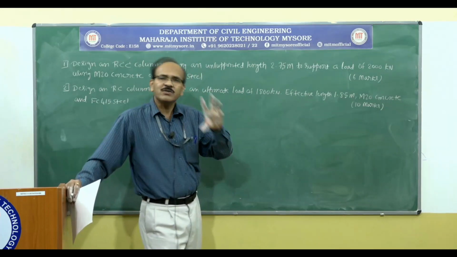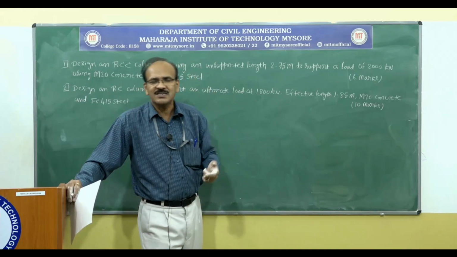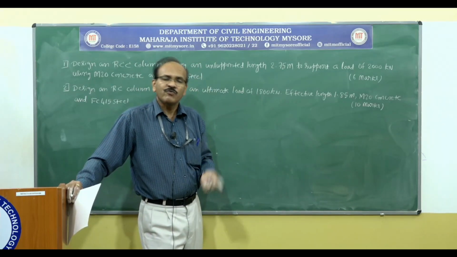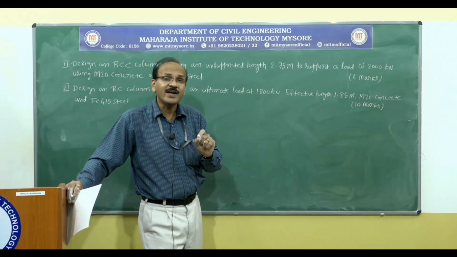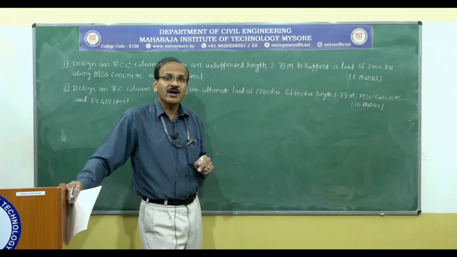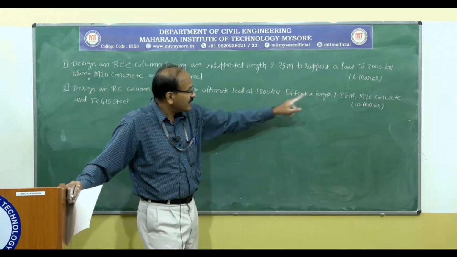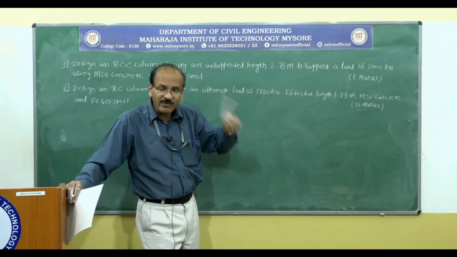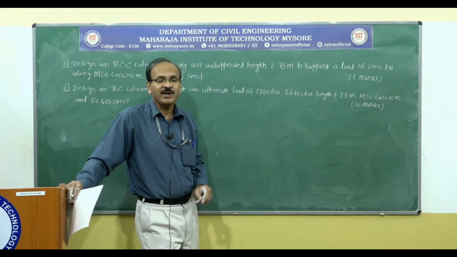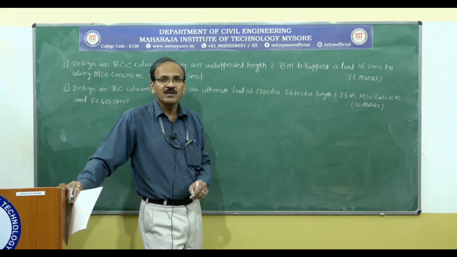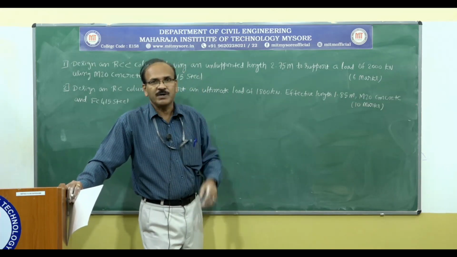So here I am going to assume both ends as hinged. When you go to page number 94 of the code book, that is Table 28, when both the ends are hinged, then the effective length of 1.85 meter equals the unsupported length, that is 1.85 meter. So please assume that and proceed with the problem.